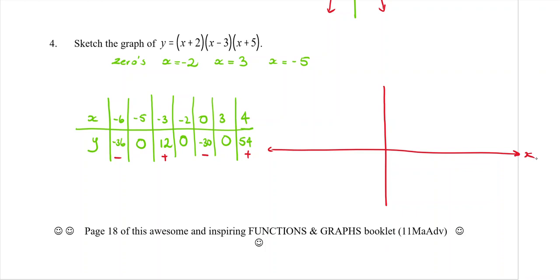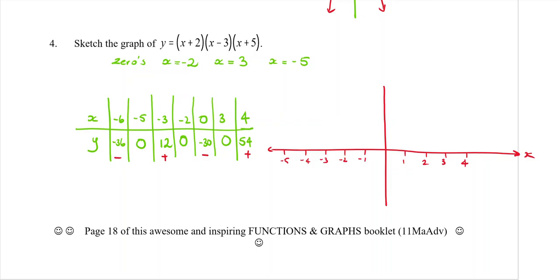Okay, so I'm going to have spaces on the x-axis just so it doesn't look completely ridiculous. On the x-axis, I have minus 1, minus 2, minus 3, minus 4, minus 5, 1, 2, 3, 4.